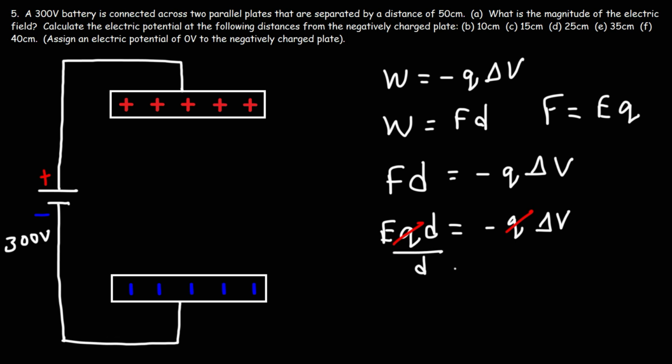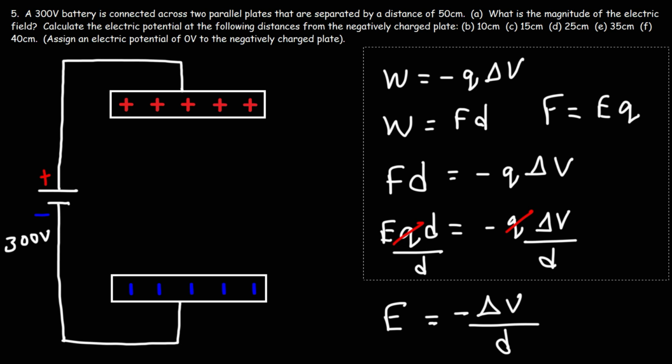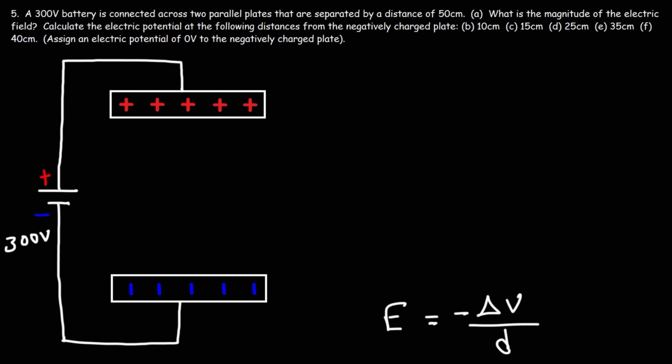And then dividing both sides by D, we get this equation. The electric field is equal to negative the change in voltage divided by the distance. So that's the formula that we need to use in order to get the answer.